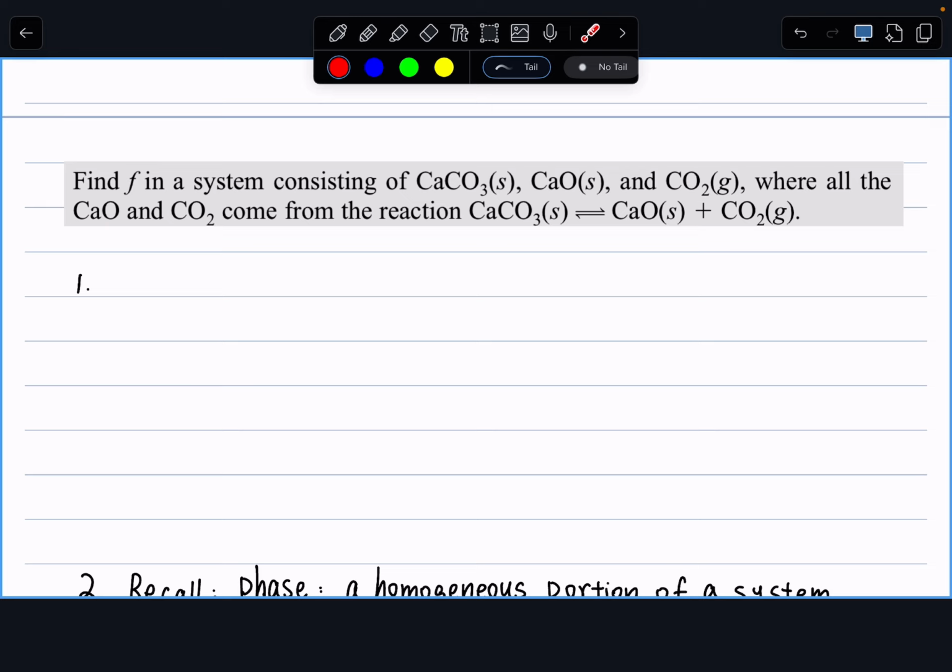Find F in a system consisting of calcium carbonate solid, calcium oxide solid, and carbon dioxide. And we're giving you the additional information that all the calcium oxide and carbon dioxide come from the decomposition of calcium carbonate into calcium oxide plus CO2.